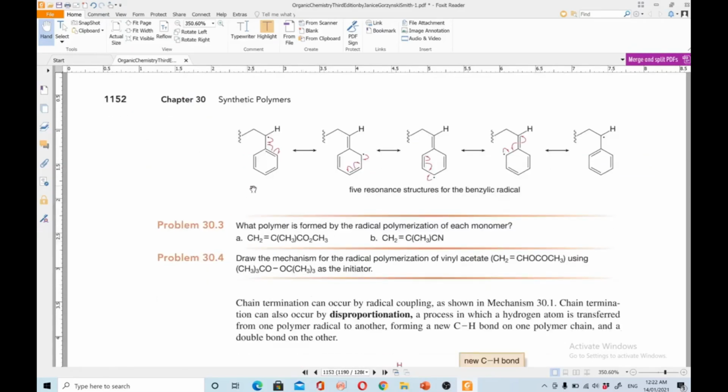How can we say the benzylic radical formed from styrene is resonance stabilized? You can see from these resonance arrows that they are involved in the delocalization of the pi electron cloud present in the benzene ring.